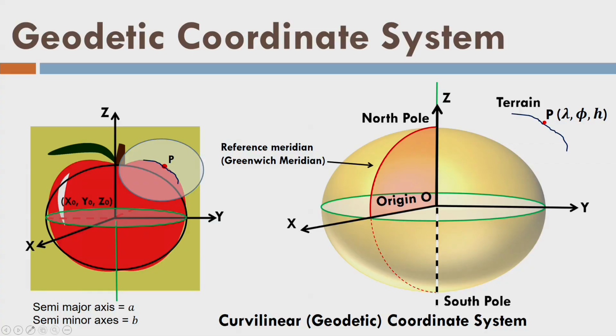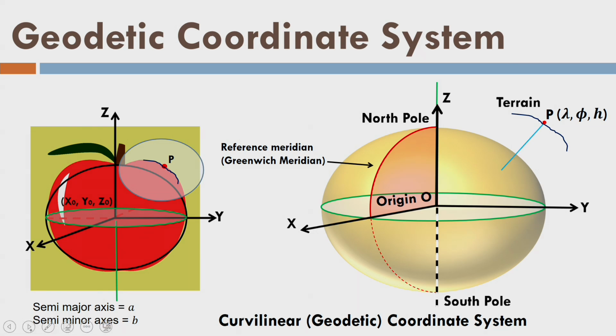Let us go for the geodetic coordinate system. What is that? Let us assume that there is the same point P and there is a geocentric system, and the geocentric system has origin O, which is the geocenter. Let us drop a perpendicular from point P to the ellipsoidal surface.